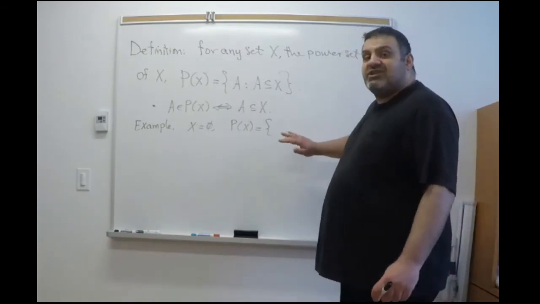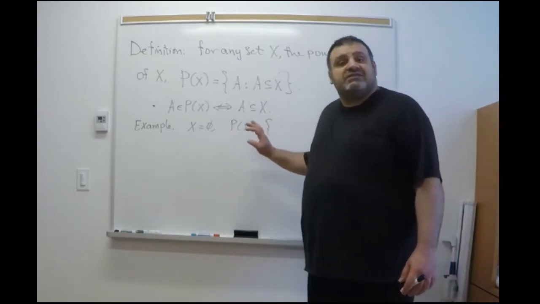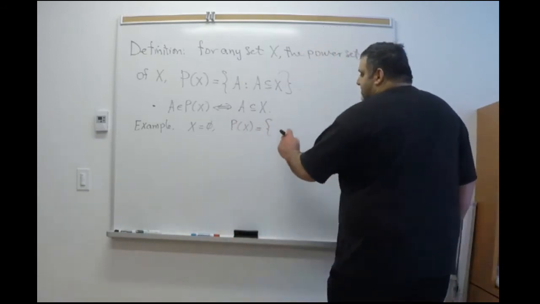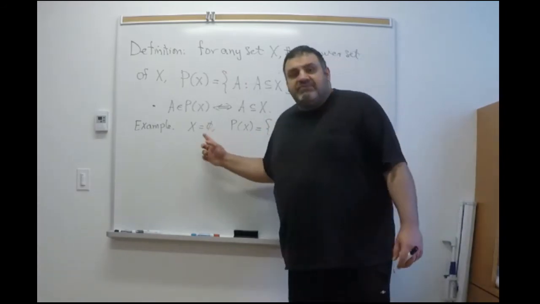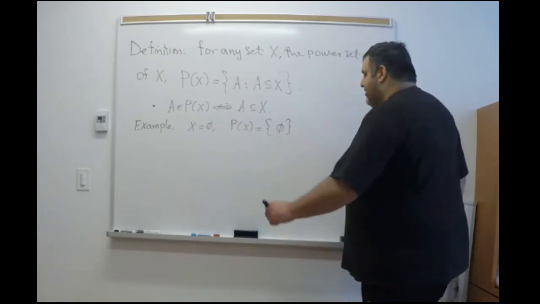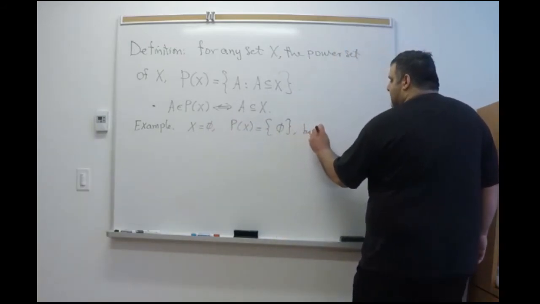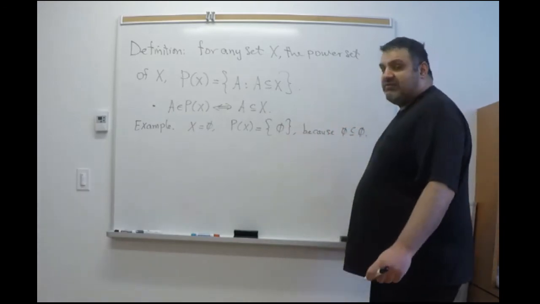Before maybe you look at this answer, maybe you could pause the video here for yourself and see if you can answer this. But the power set of X becomes, so while X itself is empty, the power set has one element, the empty set. Why? Because the empty set is a subset of every set, namely is a subset of itself.